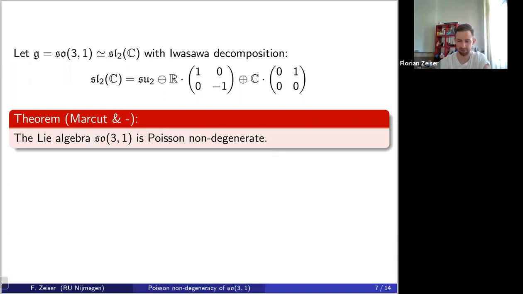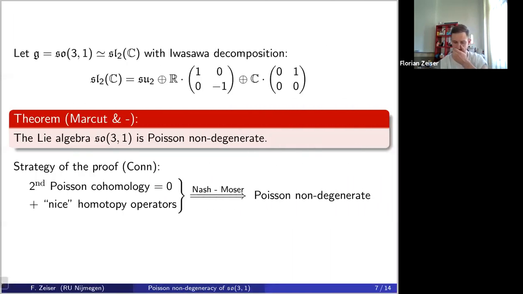The way we do this is we basically use the basic idea of Kohn's proof for the compact case, which can be summarized as follows. We show that the second Poisson cohomology is trivial, and that we obtain some nice homotopy operators for the second degree of the Poisson complex.